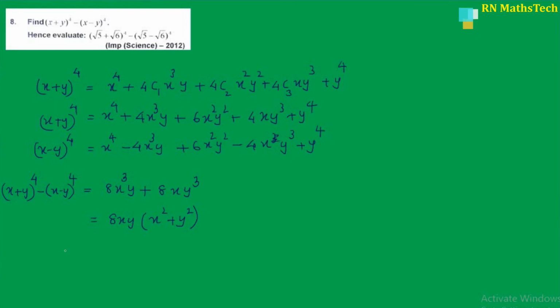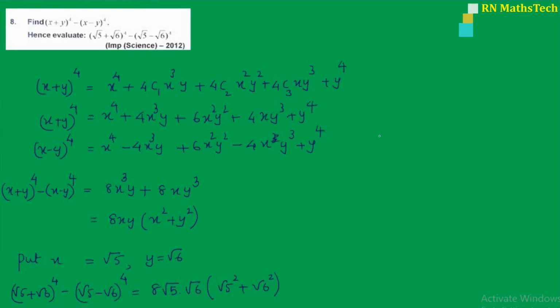Now put x is equal to root 5, y is equal to root 6. We have (root 5 plus root 6) raised to 4 minus (root 5 minus root 6) raised to 4 is equal to 8 into root 5 into root 6 into (root 5 square plus root 6 square).